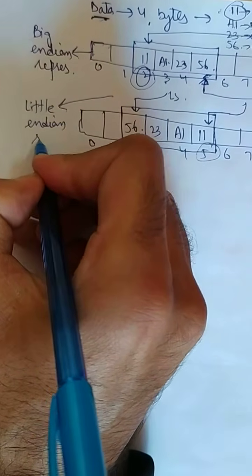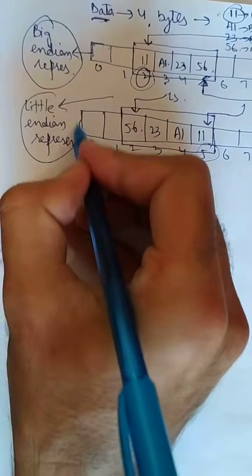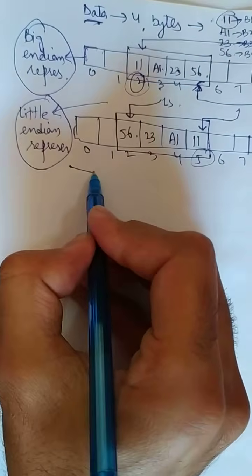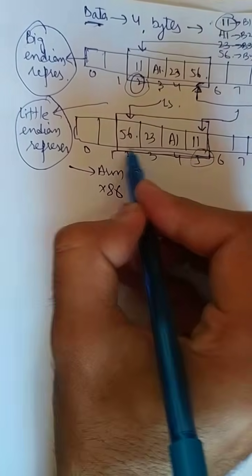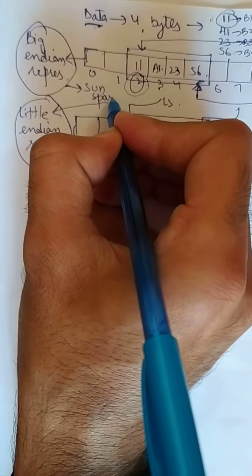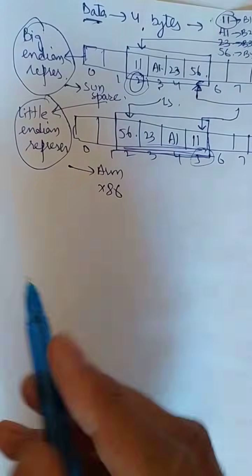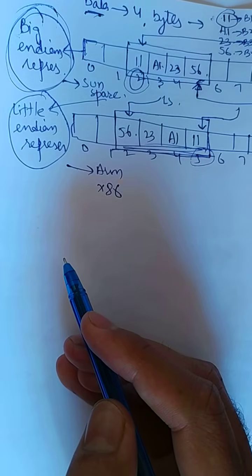Your computer architecture may be either big endian or little endian. For example, ARM ISA and x86 assume little endian, but some other ISAs, for example Sun SPARC and IBM PPC, use the big endian representation.